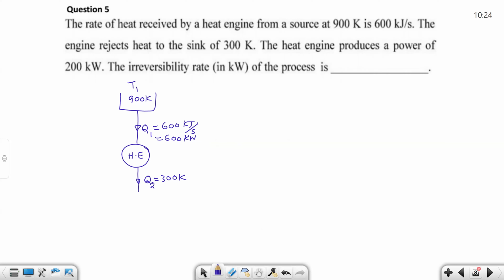Sorry, it is Q2 that is rejected to 300 Kelvin, which is T2. It produces a work output of 200 kilowatt. What is the irreversibility? I is the irreversibility.